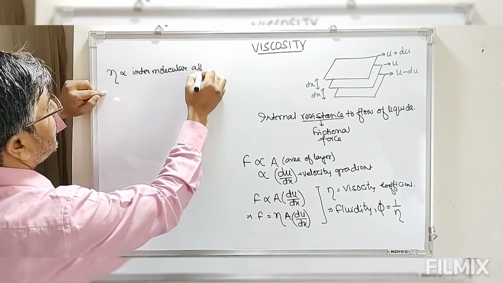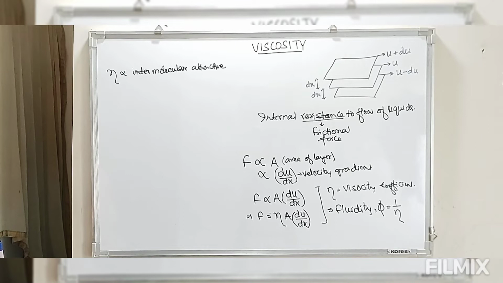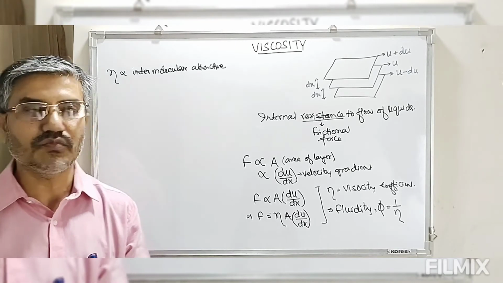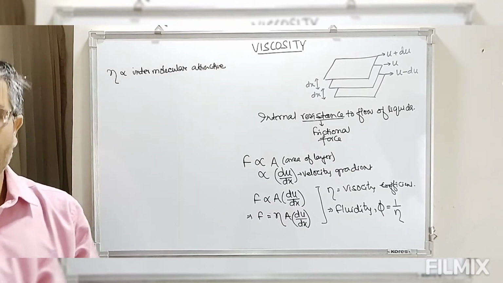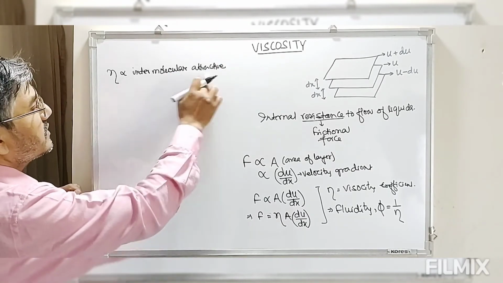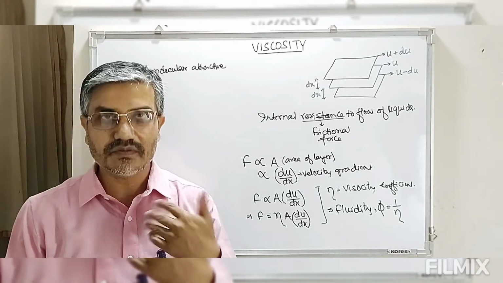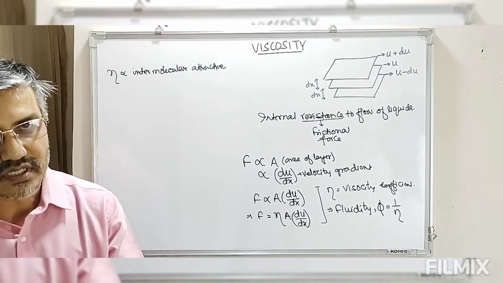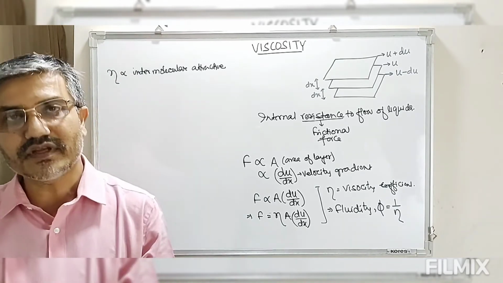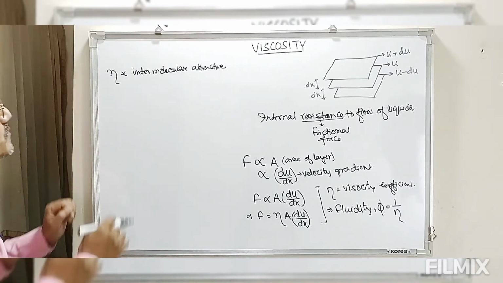If a particular liquid has stronger intermolecular attractive force, then the internal resistance will be more and the viscosity will be more. This intermolecular attractive force may be dipole-dipole interaction, ion-dipole interaction, induced dipole interaction, or hydrogen bond. The strength of intermolecular attraction is maximum in case of hydrogen bond. So we'll take this case.